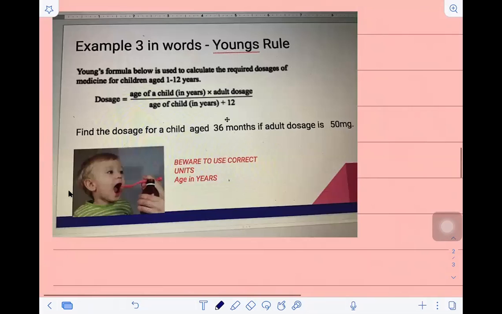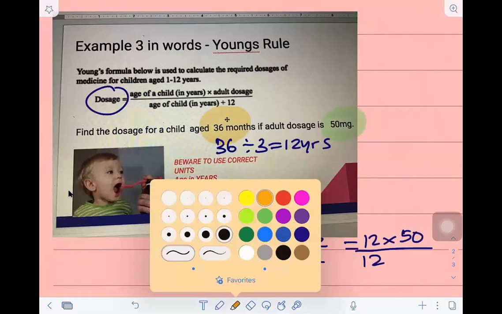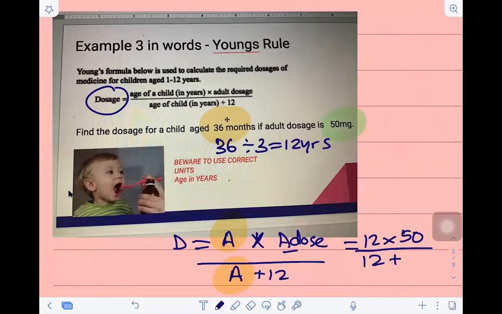Okay, so looking at Young's rule, it says the dosage will equal the age of the child, in years, times the adult dose, and then that's all over the age of the child plus 12. In this one, the age is given as 36 months. So 36 divided by 3 will give you 12 years, times the adult dose, which is 50 milligrams, and then it's all over 12, because that's the age of the child, plus 12, because that's part of the formula.